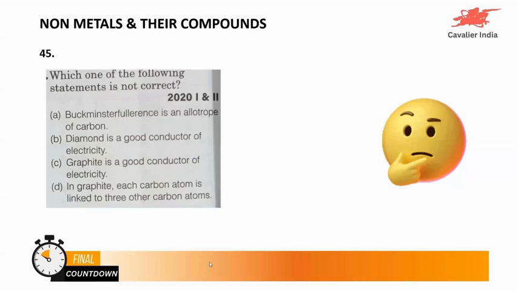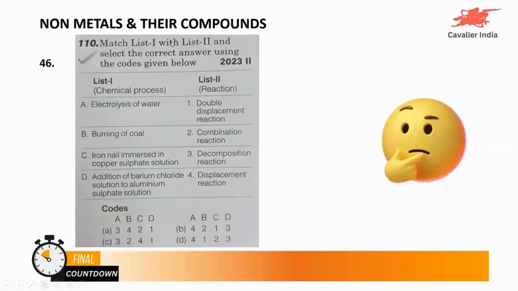Next question. Match list 1 and list 2 and select the correct answer using the code given below. Just try to give the answer. List 1: electrolysis of water, burning of coal, iron nail immersed in copper sulfate solution, addition of barium chloride solution to aluminum sulfate. List 2 gives different types of chemical reactions: double displacement, combination, decomposition, displacement.